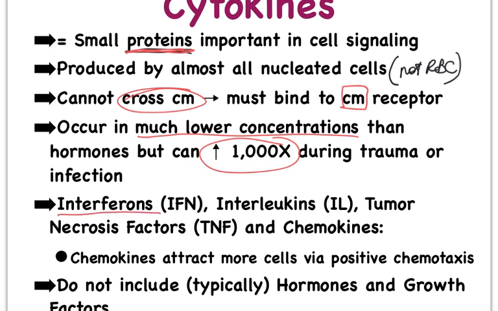The interferons, there are the interleukins, and then there are the tumor necrosis factors. And we've mentioned the chemokines already, which are chemicals that attract other cells by means of positive chemotaxis. As I said, we should not include the hormones and also not growth factors. You might have heard of what would be a good growth factor, insulin-like growth factor. Those are just too big of molecules to include into our group of cytokines.